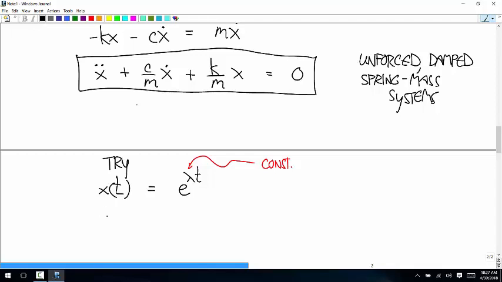Once you choose something to try, seeing whether it works and finding the constants is pretty easy. So x dot would be lambda e to the lambda t, and x double dot would be lambda squared e to the lambda t. These are all functions of t.